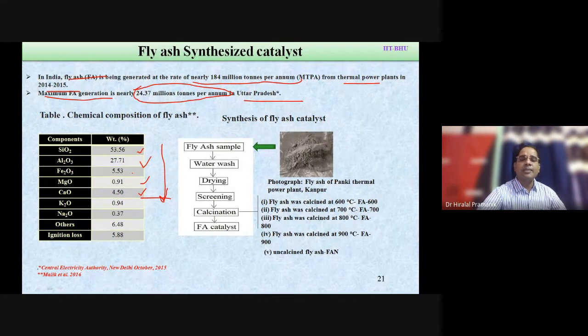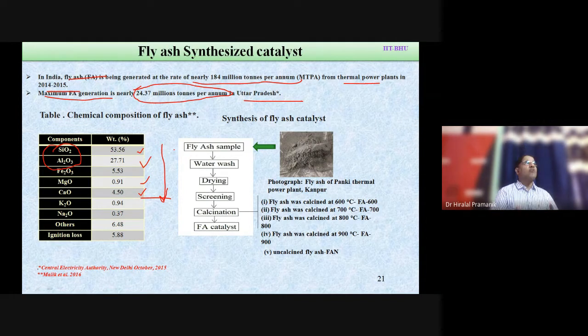This type of natural material, when you talk about clay or red mud, also consists of this type of mineral matter. But silica and alumina is used widely as a catalyst for the pyrolysis of plastic waste.